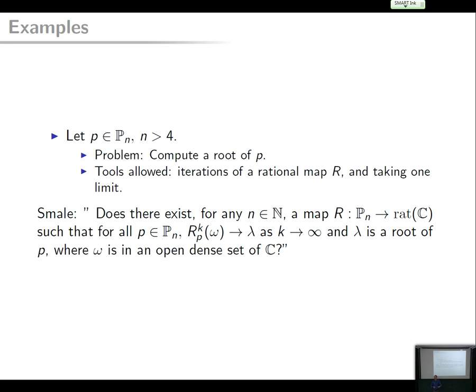It should iterate complex numbers. First, is there an algorithm that can do this?